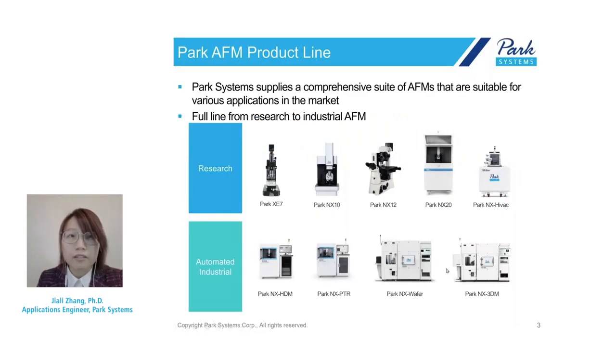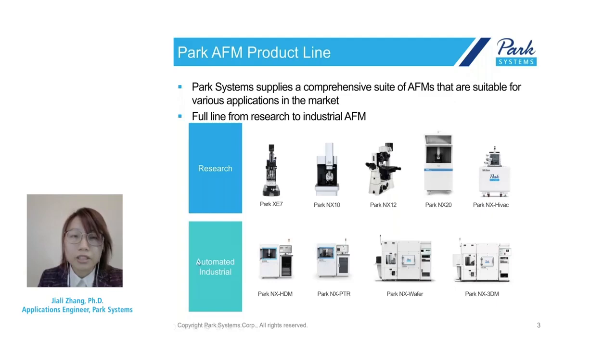Our product line covers just about every usage, from fully manual to fully automatic AFM systems. As you can see here, we have our research product line starting from our XE7 system, which is the most economic choice for research AFM, to our NX high-vac system for vacuum AFM imaging.